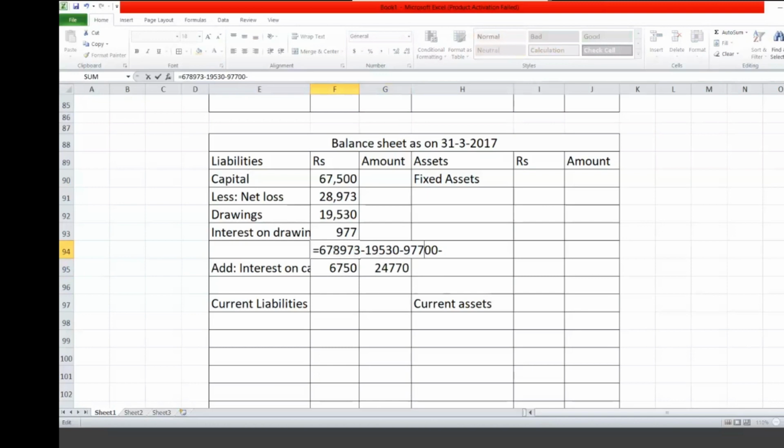Sorry, this one got wrong. 67,500 minus 28,973 minus 19,530, then you got 18,020. 18,020 plus 6,750, you got 24,770. Is that clear? Now let's move on to the question and check what all we have.